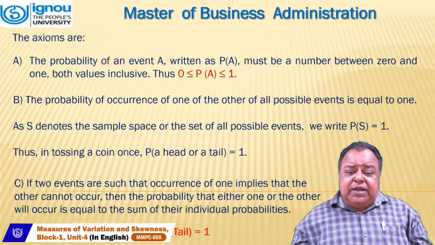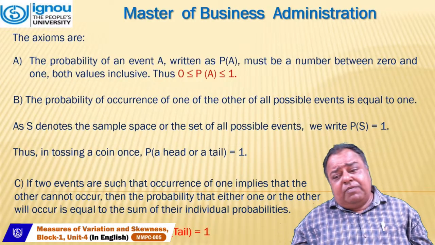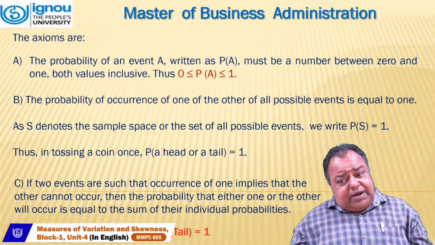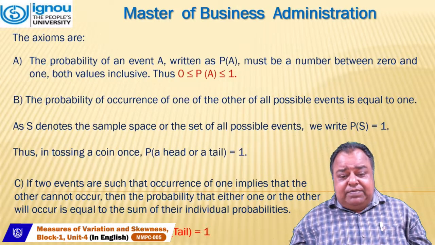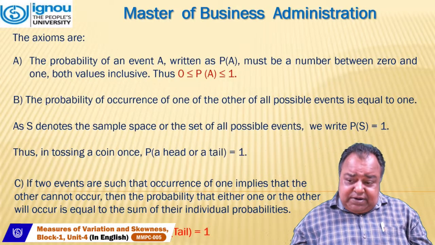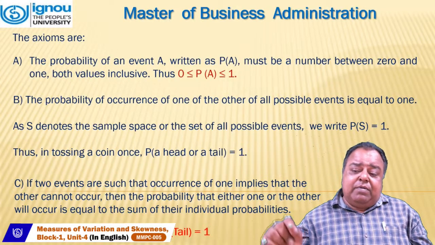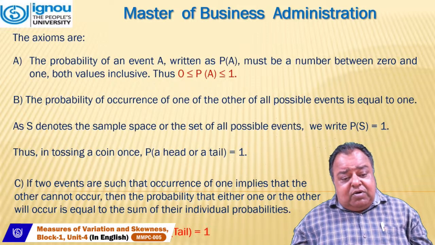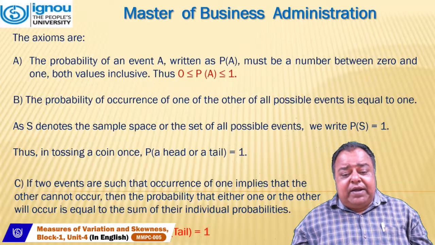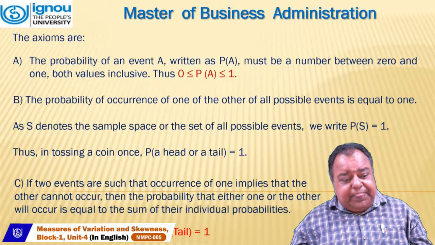The probability of occurrence of one or the other of all possible events is equal to 1. If S denotes the sample space, the set of all possible events, then we can write probability of S equal to 1. In tossing a coin once, the probability of head or tail will be 1.